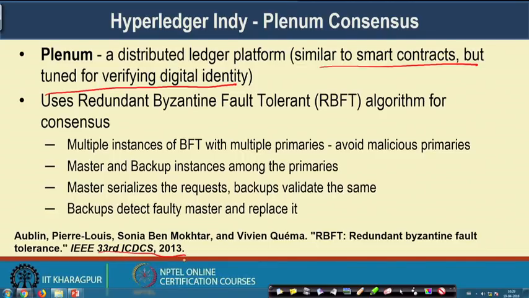In the 33rd ICDCS in 2013, it was proposed by Aublin, Sonia Ben Mokhtar and Vivien Quéma. The idea of this RBFT was something similar to your standard BFT algorithm with the help of a primary and backups. In case of your PBFT type of algorithm, you had a primary and backups.